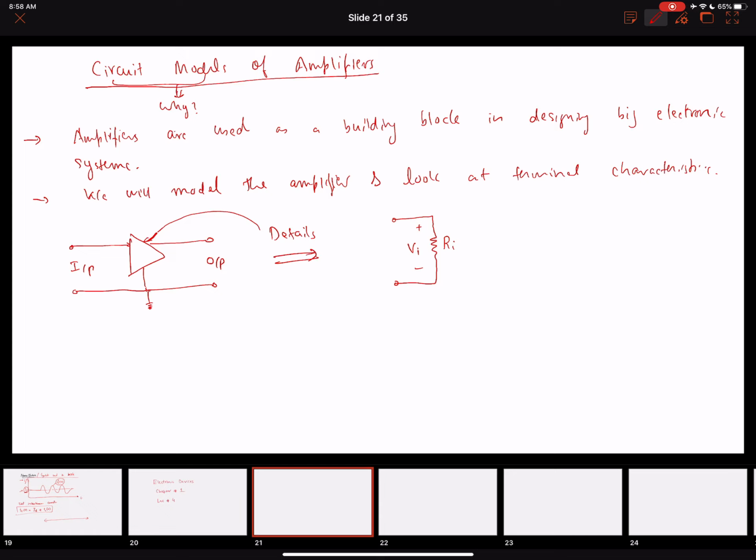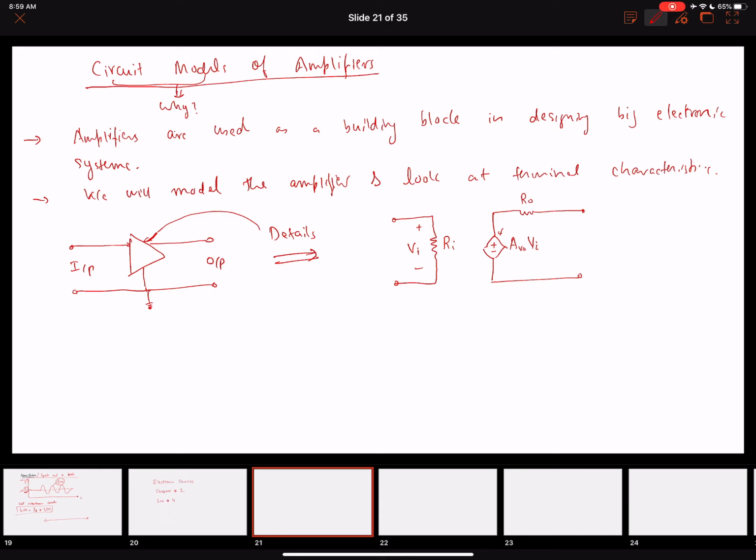So this Ri is the internal resistance of the amplifier, and Vi is the potential drop across that internal resistance. R0 is the output resistance of an amplifier, and this is a voltage dependent voltage source. AV0 is the gain factor, and it is controlled by the input voltage Vi.